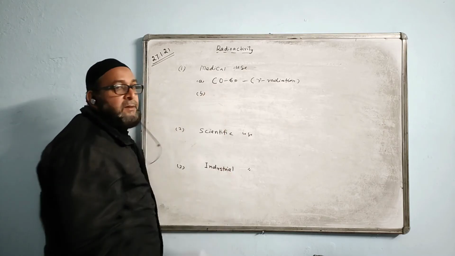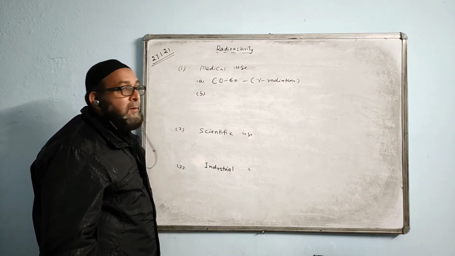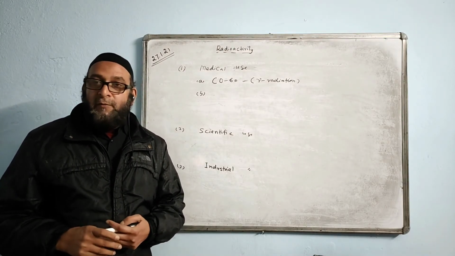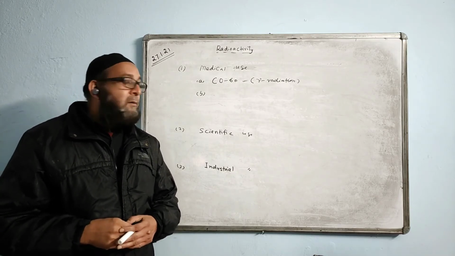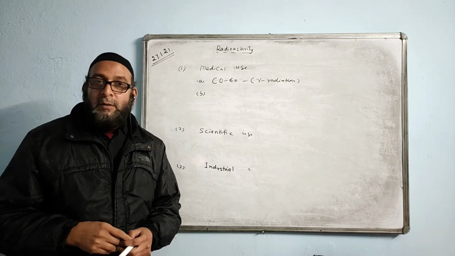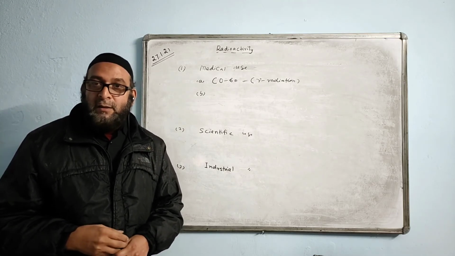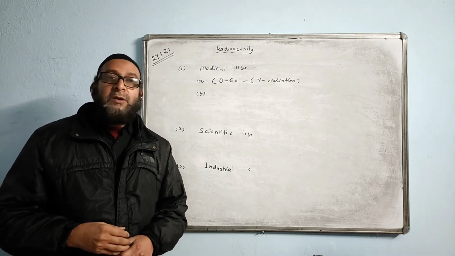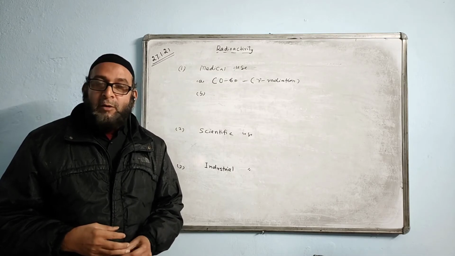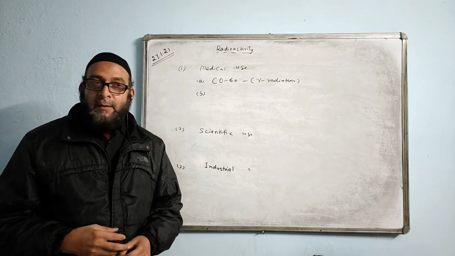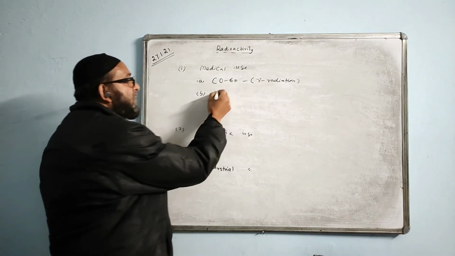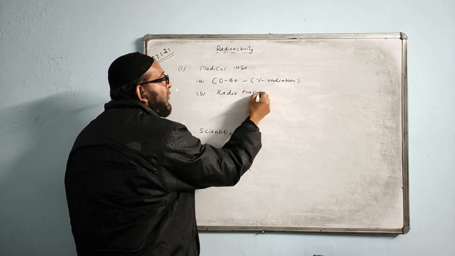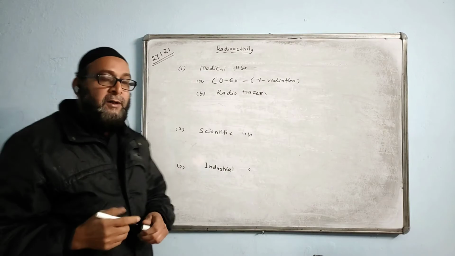Second medical use is that weak radioactive salts or radioactive isotopes from weak materials are used for the diagnosis of a disease. Diagnosis is just to identify what problem the person is suffering from. So those salts or radioisotopes are called tracers, radio tracers. The tracer's role is to trace a disease, to find out a disease.